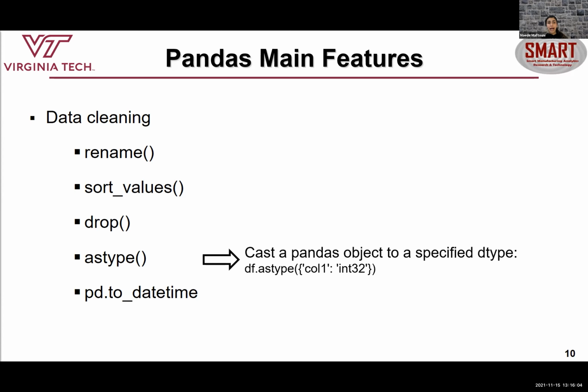Another thing is astype. It is very important to specify data types correctly, because when you are reading the data frame, for example from CSV files, the numbers are read as just objects or strings. You cannot perform operations or calculations on them. So you need to specify their type to be able to do that.